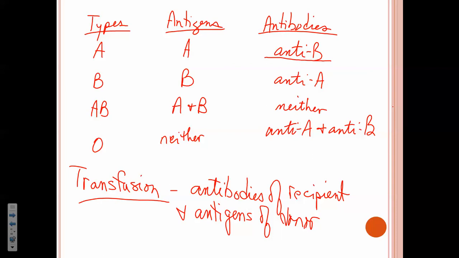B. So he can obviously receive A. Can he receive type B? No. Can he receive type AB? No, because it has a B antigen in it. Can he receive type O? Yes, he can receive type O, because type O does not have B antigen on the surface of those cells. Those cells will not agglutinate.